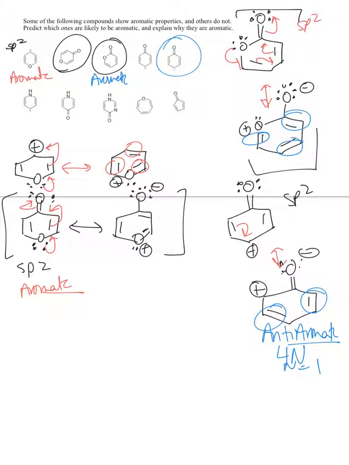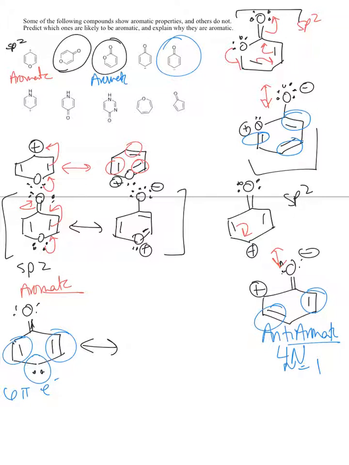Now let's look at this compound. We look at the anion, and we see that everything's sp2, but now it has 6 pi electrons in the pi system, and that could do a resonance structure that looks familiar to you here.